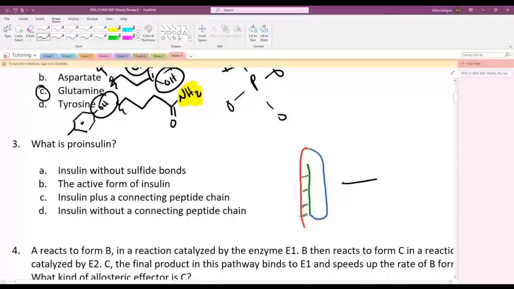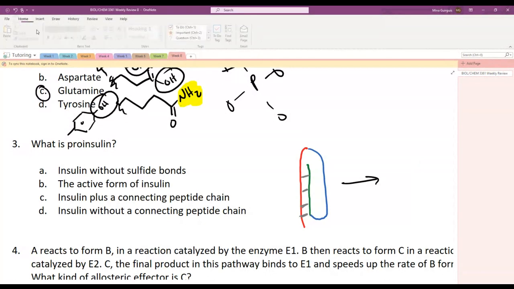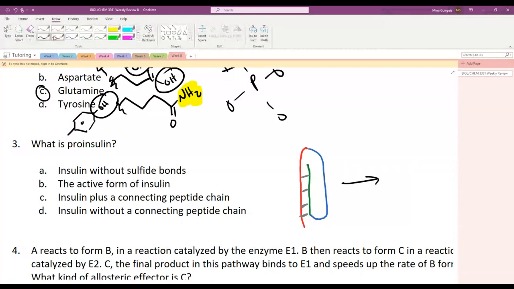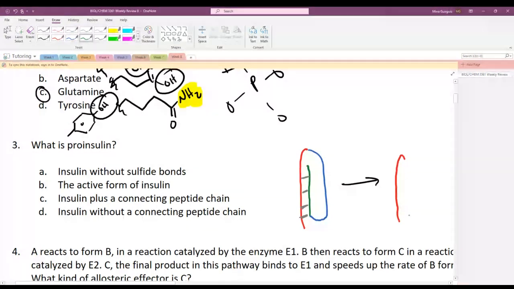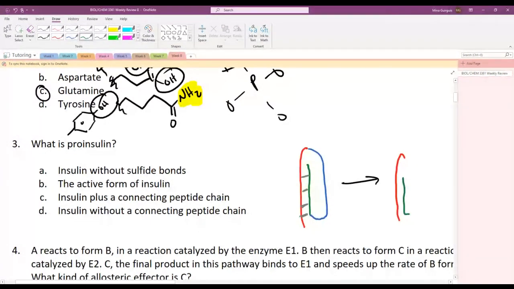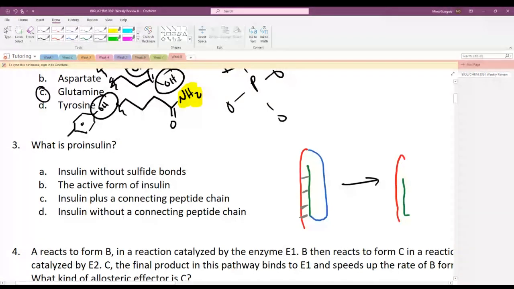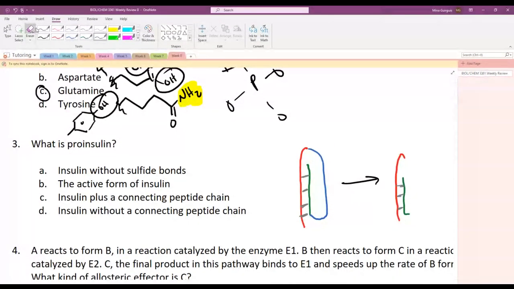So pro-insulin is converted to insulin by cleaving at two of the sites of the peptide. It basically cleaves that blue part. And when it cleaves that blue part, the rest of insulin really is held together by these disulfide bridges.